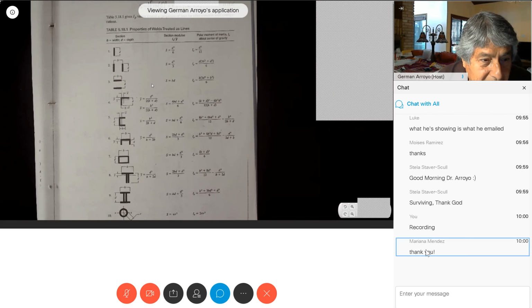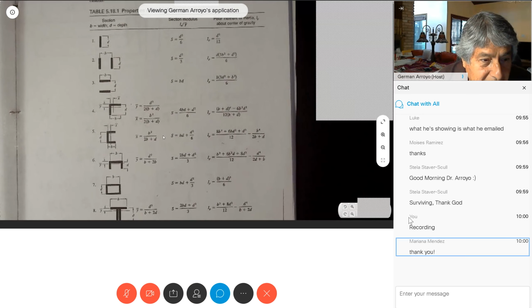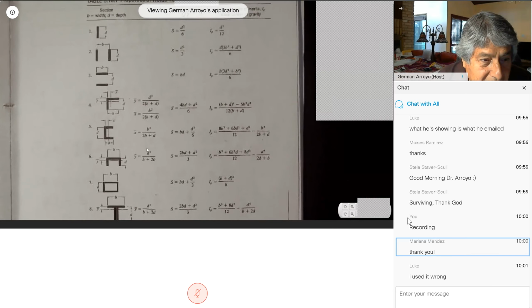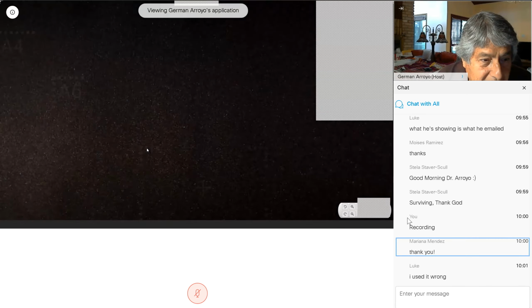First, I want to clarify case 5, because during the lectures, somebody yesterday said that this formula didn't work. And I don't remember who did mention that this formula didn't work for the centroid. So I have sent you again the same problem.